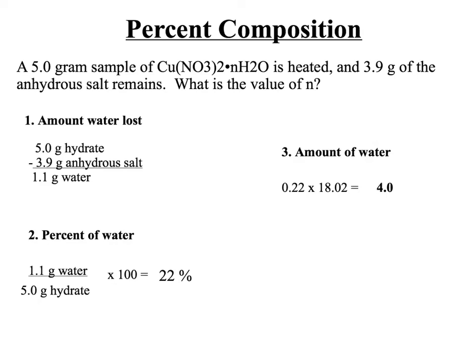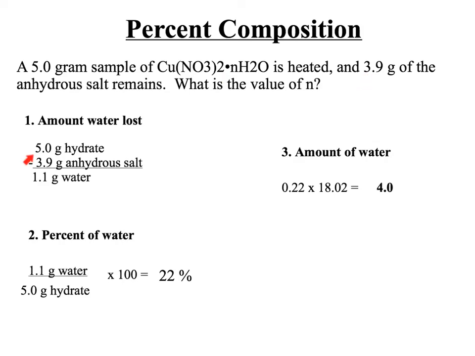In this final percent composition problem, we are given copper(II) nitrate hydrate. The problem is asking us to solve for n. In other words, how many waters were present. We are given a 5 gram sample of copper(II) nitrate hydrate. This is heated. Water is removed with 3.9 grams of copper(II) nitrate remaining.